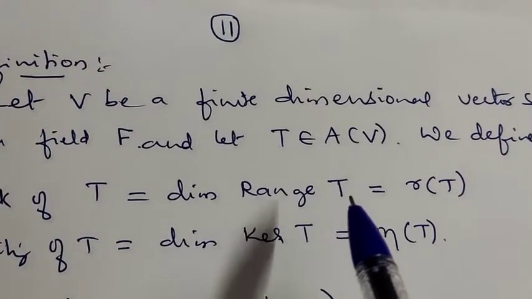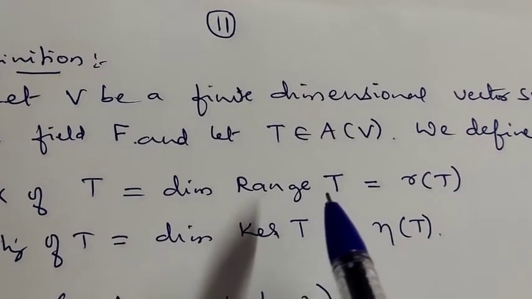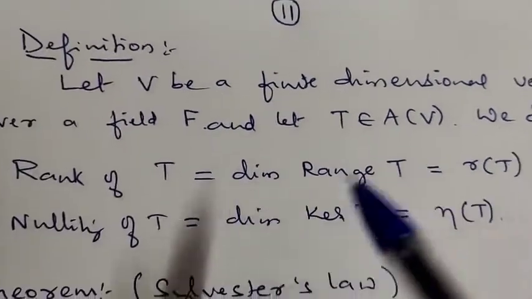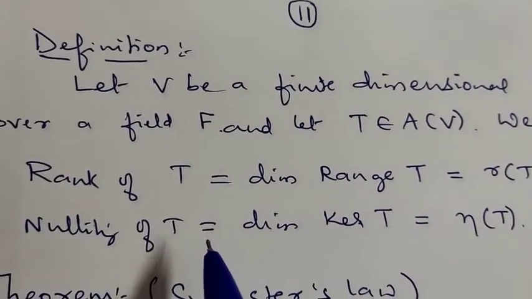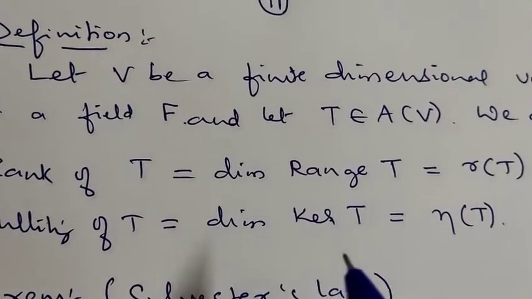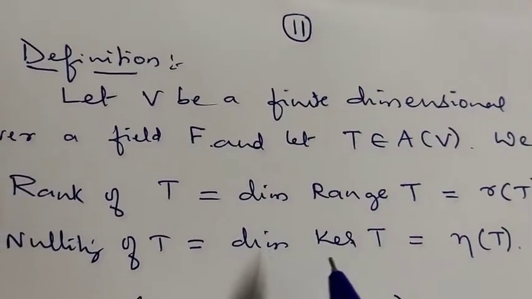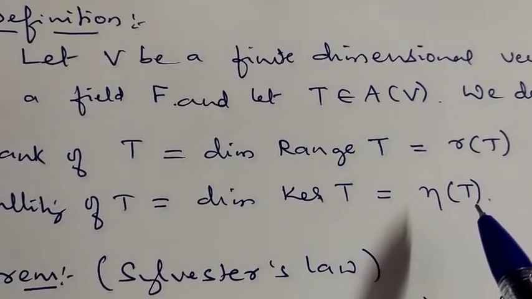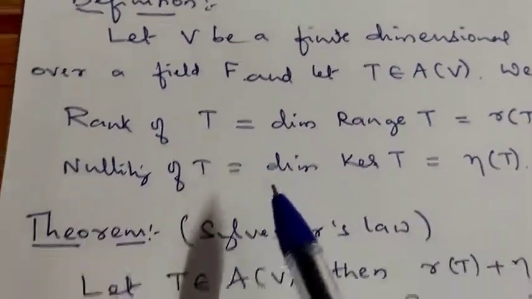The range of T is T of V. The dimension of the range of T is denoted by R of T, and the nullity of T is the dimension of the kernel of T, or the dimension of the null space of T, and it is denoted by η of T. So, rank and nullity.